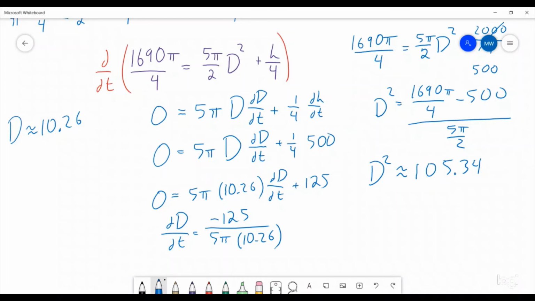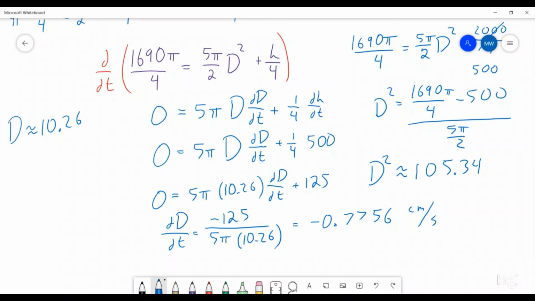Let's figure out what that is. Minus 125 divided by 5 times pi times 10.26 is negative 0.7756 centimeters per second.